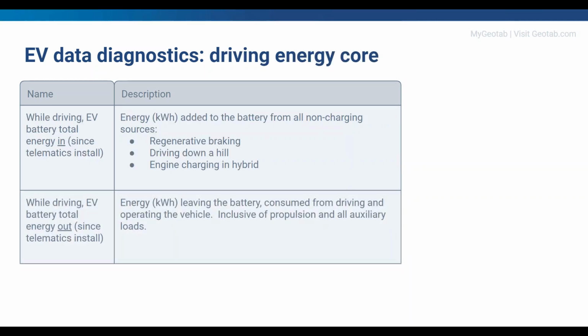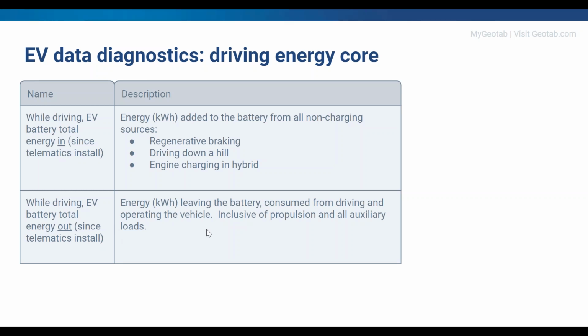All right, so driving energy. I talked earlier about regenerative braking and how this value can be negative. If you're looking at engine measurements, trying to figure out what these data diagnostics mean, the first one has a long explanation, but it's the total energy going into the battery from regenerative braking while driving.